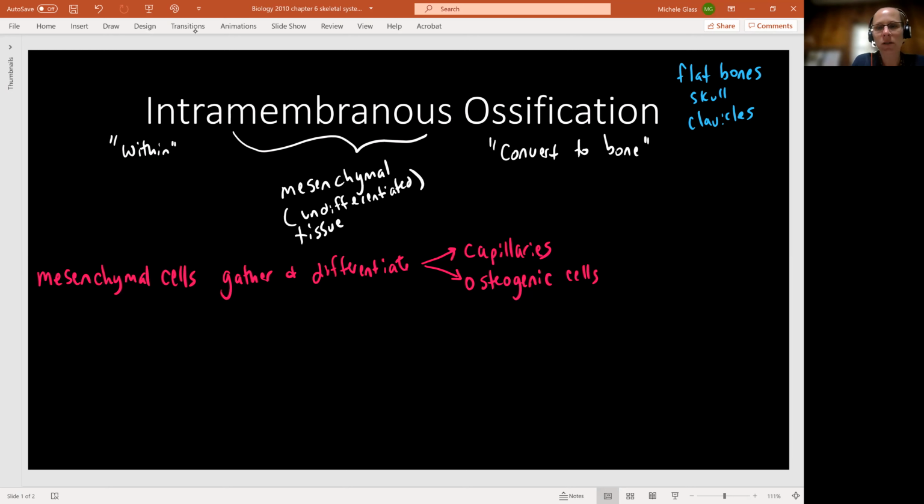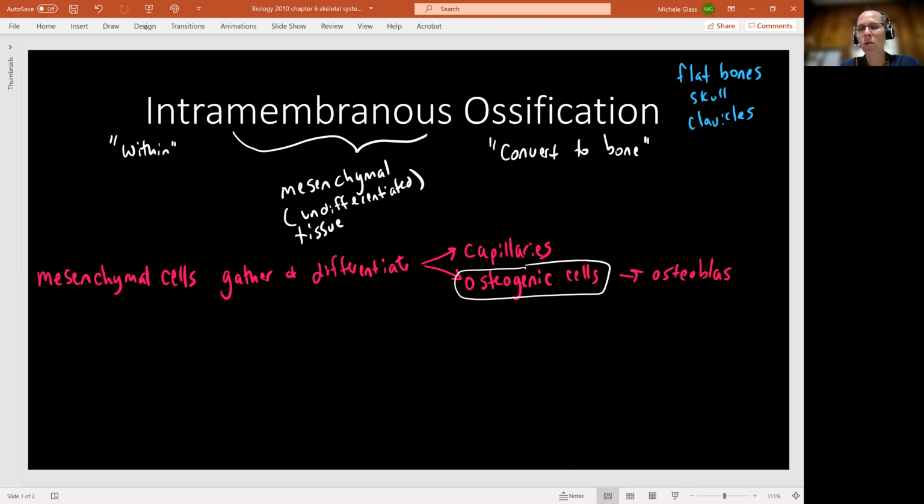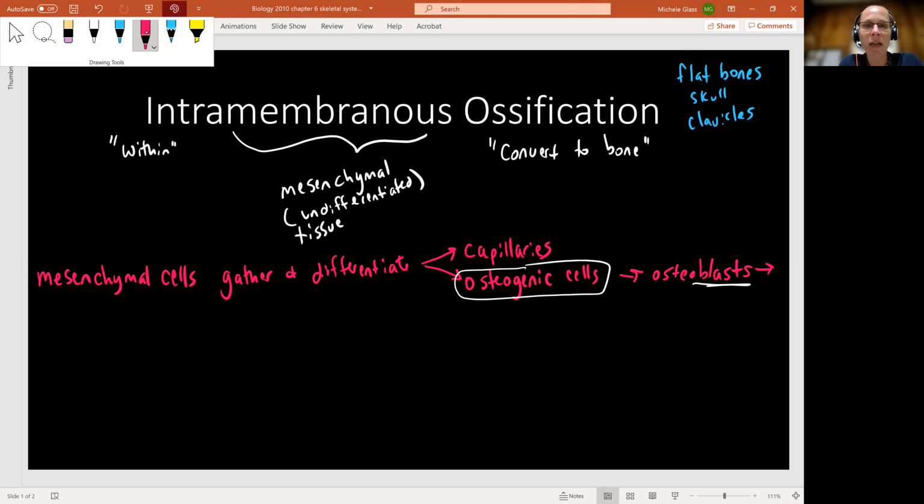Now let's just remind ourselves that the osteogenic cell is our stem cell. So we know from our previous discussion that an osteogenic cell is going to give rise to osteoblasts. And we know that anything with that blast ending is making something. And so if we break down the word here, osteoblast, bone making would be the literal translation.